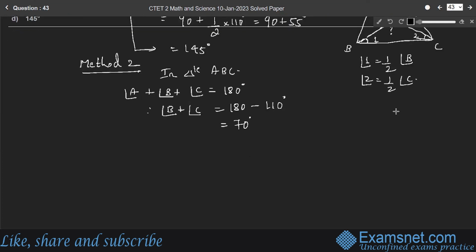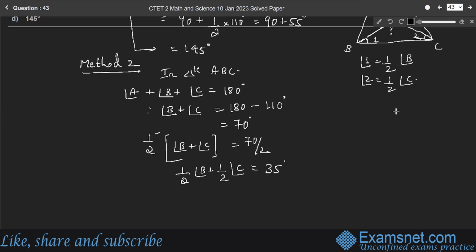So we'll consider half of angle B plus C, which is 70 by 2, which is 35 degrees. So half of angle B plus half of angle C is equal to 35 degrees. Half of angle B is angle 1, plus half of angle C is angle 2, is equal to 35 degrees.